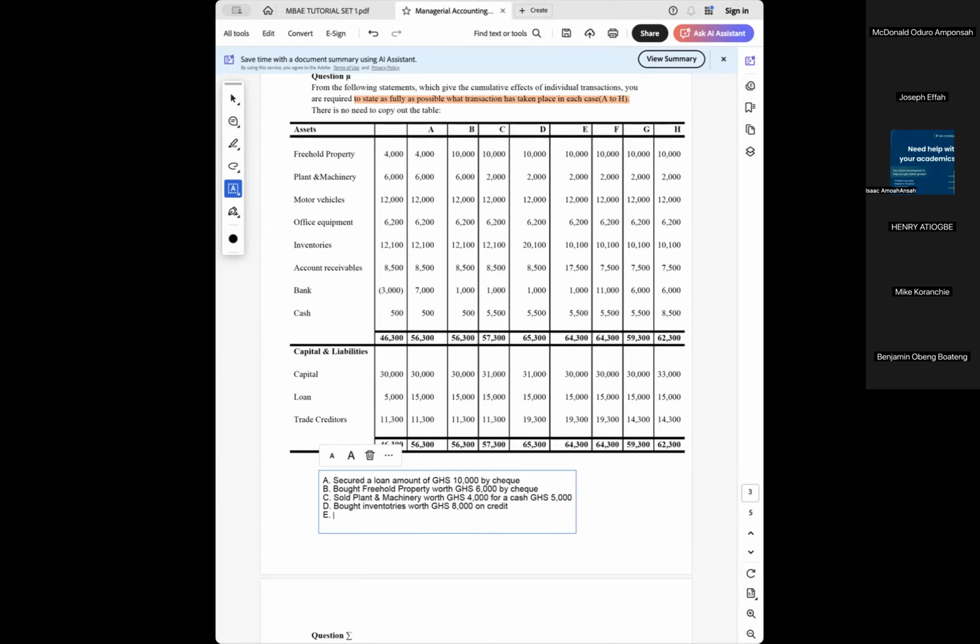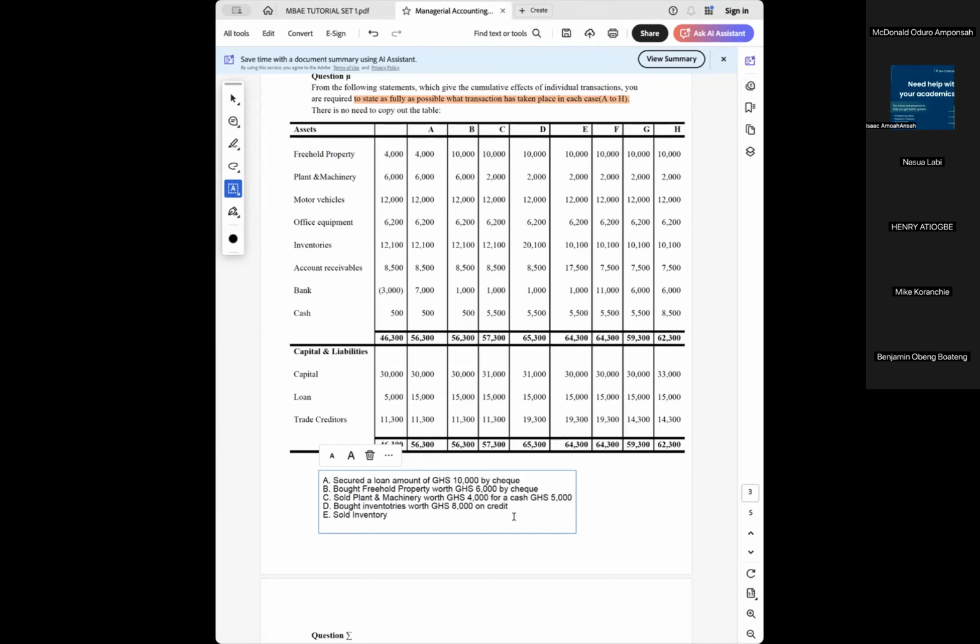So we sold inventories worth 10,000 for 9,000 on credit. And so account receivables increased to 17,500. And since it's a loss from 10,000 to 9,000, we have decreased our capital from 31,000 to 30,000.